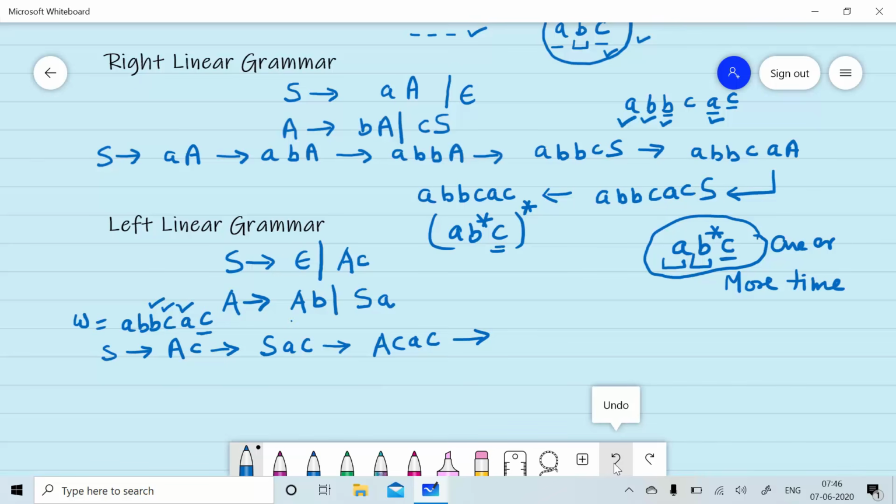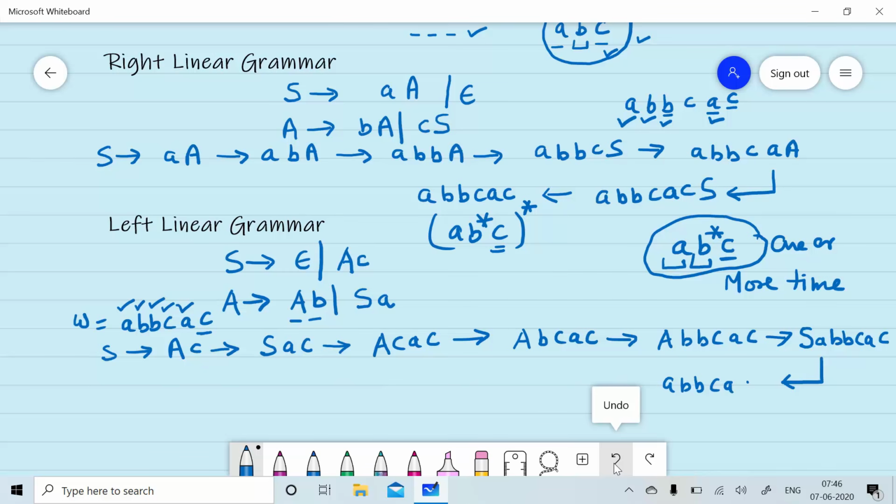That can be generated using A → Ab. Next symbol is again b. Next symbol is a. It can be generated using SA. So we have Sabbcac. Now S can be replaced by null, and we are able to generate this string abbcac.